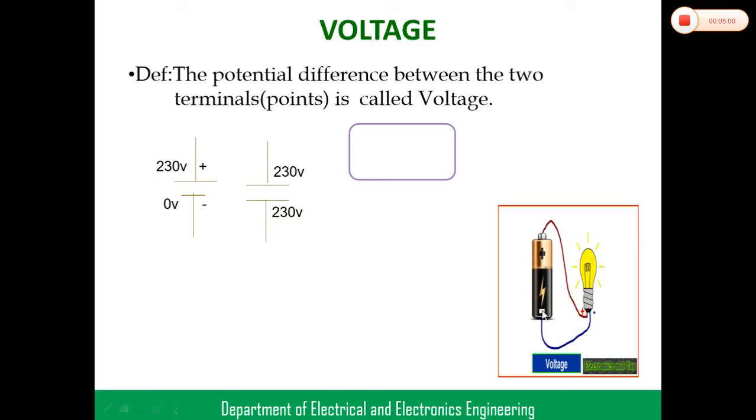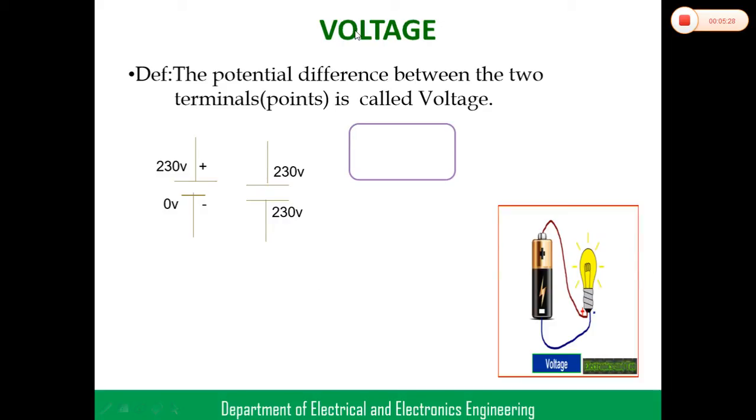The potential difference between these two points is 0, because 230 minus 230 is equal to 0, right? There is no potential difference. So then no current passes through towards the bulb, because there should be some potential difference between the two, then only the current passes through the circuit, right?